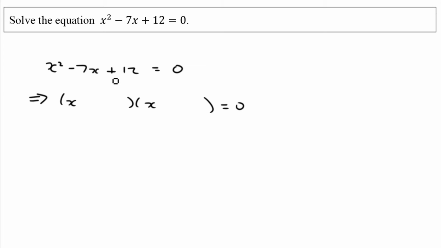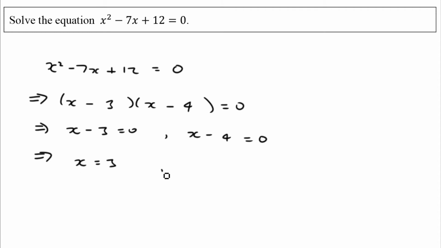They must have the same sign, and a little bit of thought tells us that that is x subtract 3, x subtract 4. So therefore, it's either the x subtract 3, which is 0, or it is the x subtract 4, which is 0. In other words, we either have that x is 3 or x is 4.